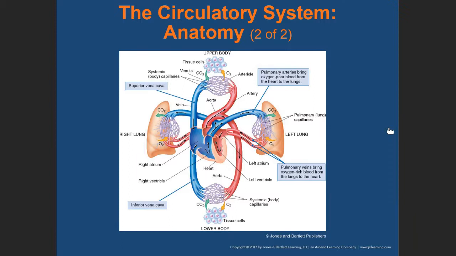So this will affect the flow from the right ventricle to the pulmonary artery. And this might result in a stroke because of lack of oxygen to the brain. Cool.